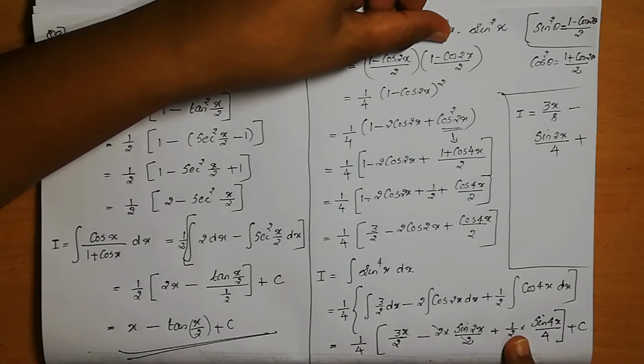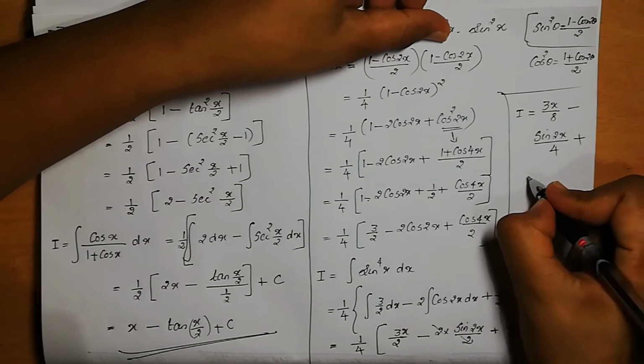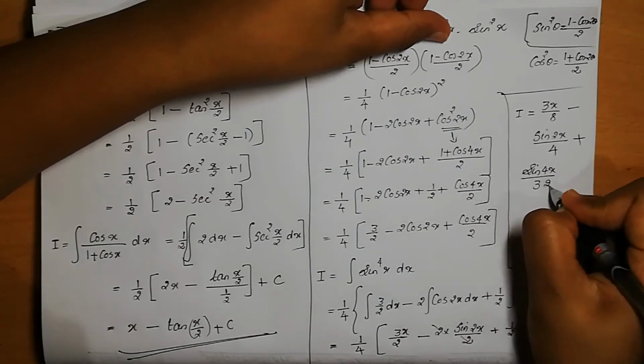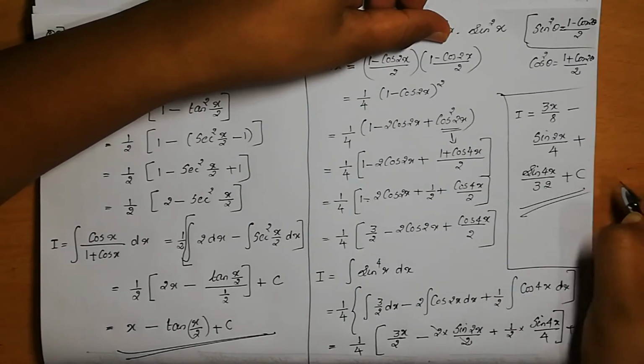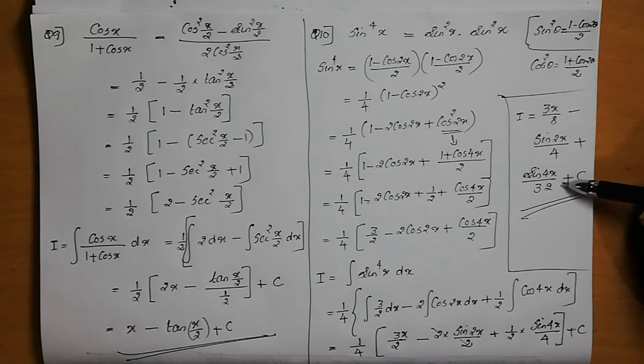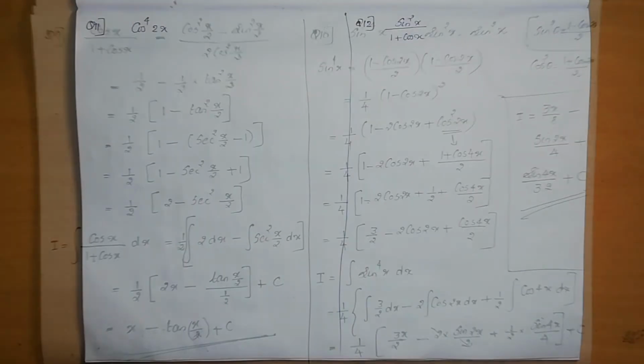That means 4 into 2 is 8, 8 into 4 is 32. That means sin 4x by 32, plus c. This is the integration answer: 3x by 8 minus sin 2x by 4 plus sin 4x by 32 plus c.